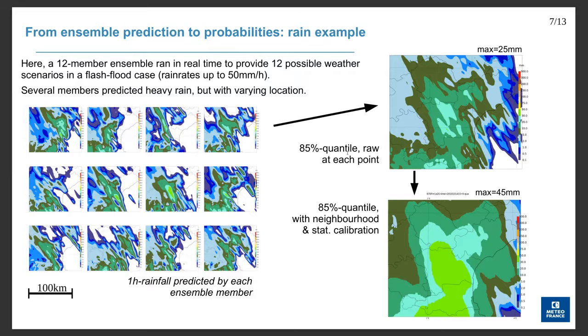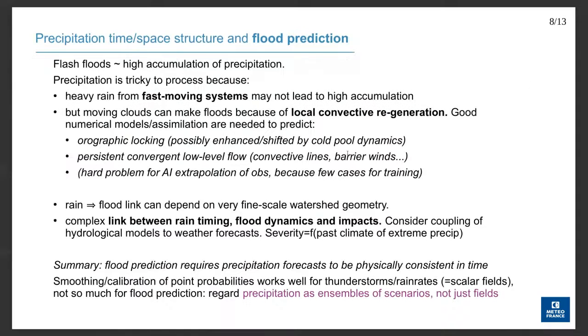So, speaking of floods, there's a complicated relationship between precipitation forecast and flash floods. Precipitation is the main cause of flooding, but it has to be processed with care because instant precipitation rain rates are a poor predictor of flood risk. You may have seen weather events where there's intense rain, but from moving clouds, so that there's no accumulation that's hazardous anywhere.